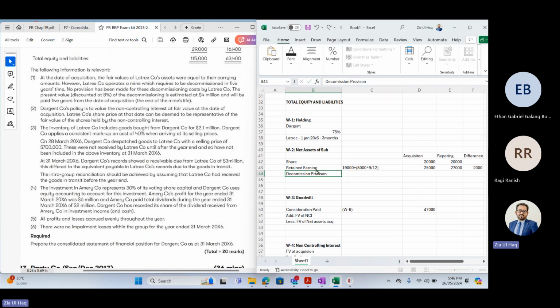How much was the value at acquisition? It was 4,000 negative. It's a liability. So at acquisition, it was 4,000 negative, while at the reporting date, it became, with interest, 4,080. So there is a difference of what? 80 negative.